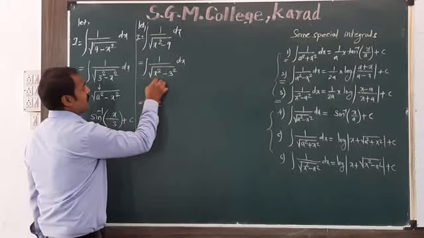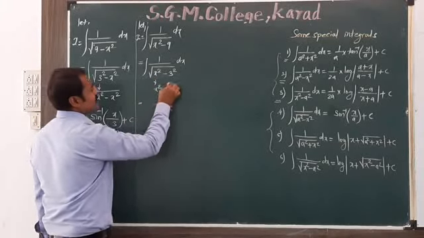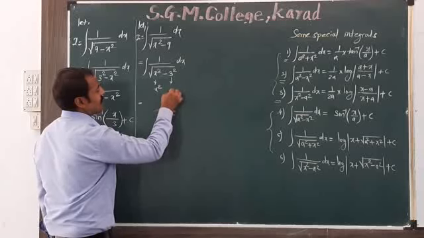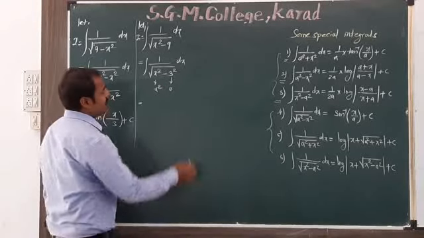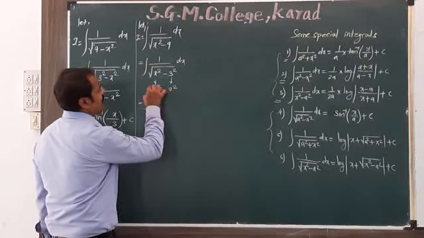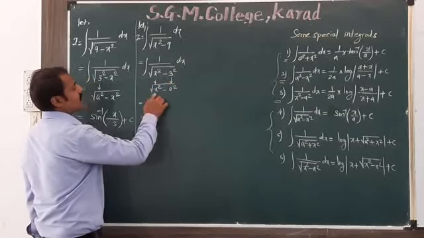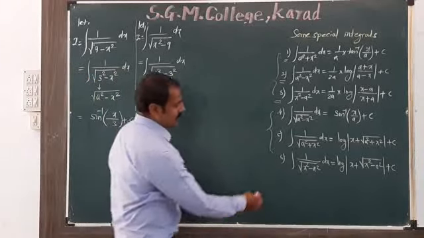Now here is the term x, so it's x square. For 3, that is a constant, we use a, so it's a square, and it looks like square root of x square minus a square.